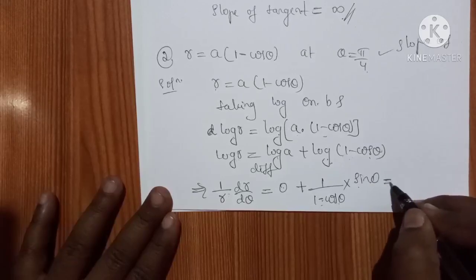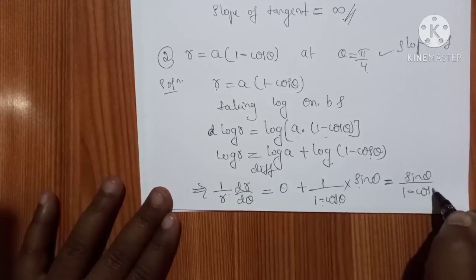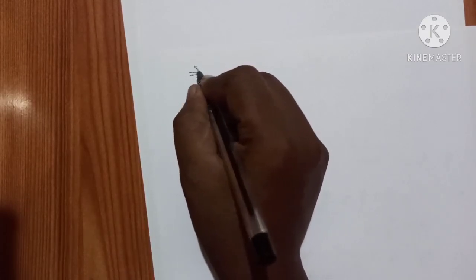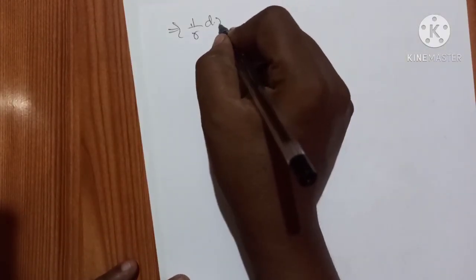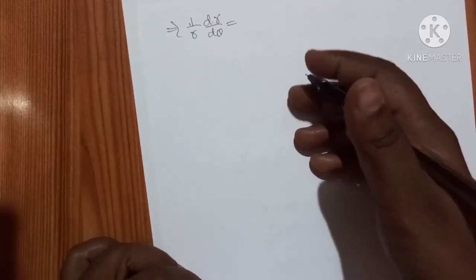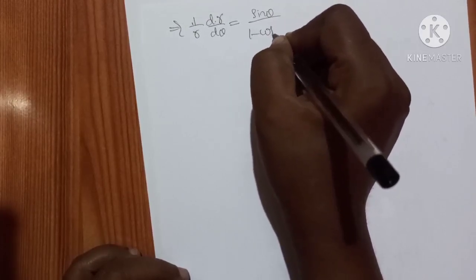Simplifying, we get sin theta divided by 1 minus cos theta. Further simplifying, we get 1 by r dr by d theta equals sin theta by 1 minus cos theta.